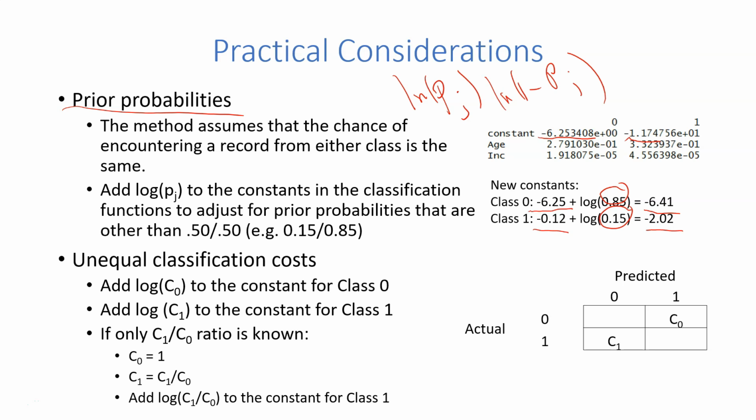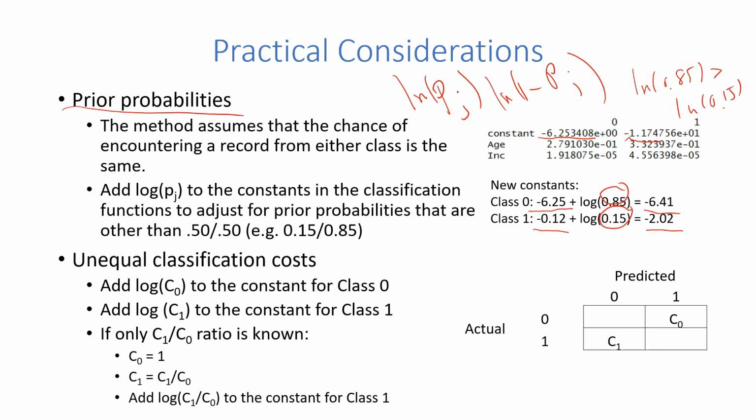Now let's think about what happens here. Because the log of 0.85 is larger than the log of 0.15, this adjustment resulted in a bigger difference between the constants for the two classes.